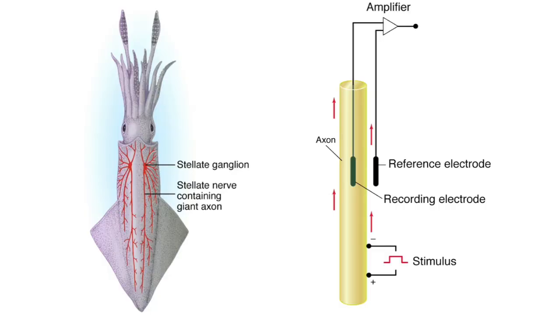A cardiac cell is about 100 microns long and about 10 microns across. So compared to that, these were giants. And so they were able to slide electrodes inside a segment of that axon, and that is one of the measurement electrodes. And then the outside was the reference, left in the bath, as I just described.